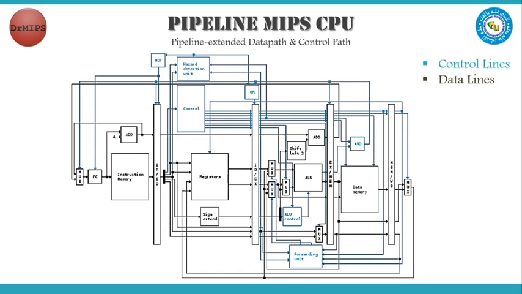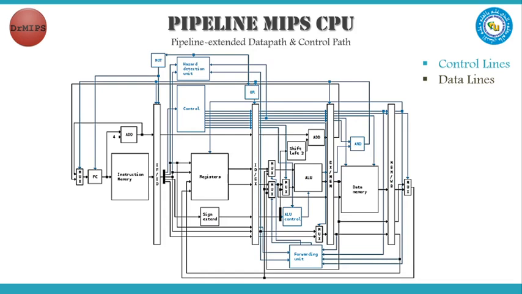So it has the ability to detect hazards and stalls, and it can also forward the data to the next stages where it needs to be available. Here also blue lines are used for control lines, and black lines in the image show the data lines.